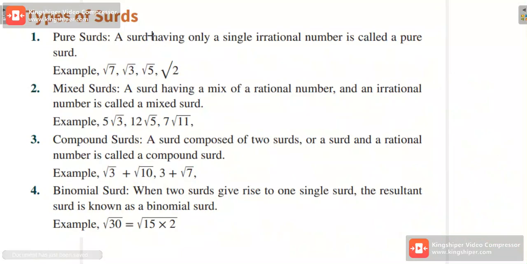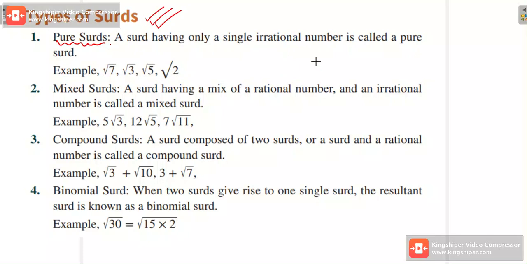Let's look at the types of sets. We have what we call the pure sets. A set having only a single irrational number is called a pure set.